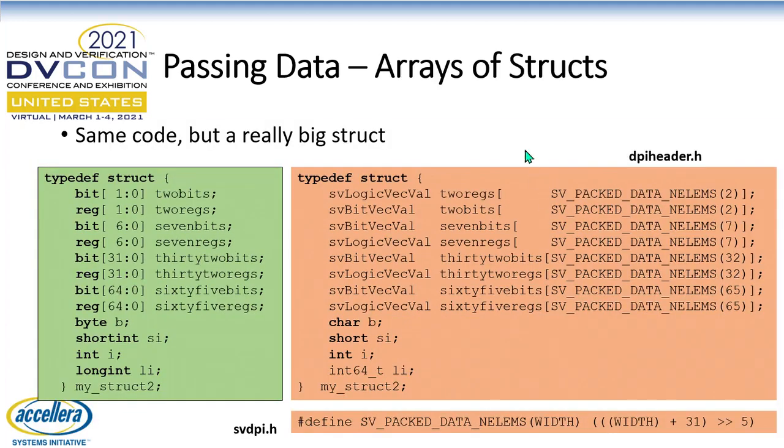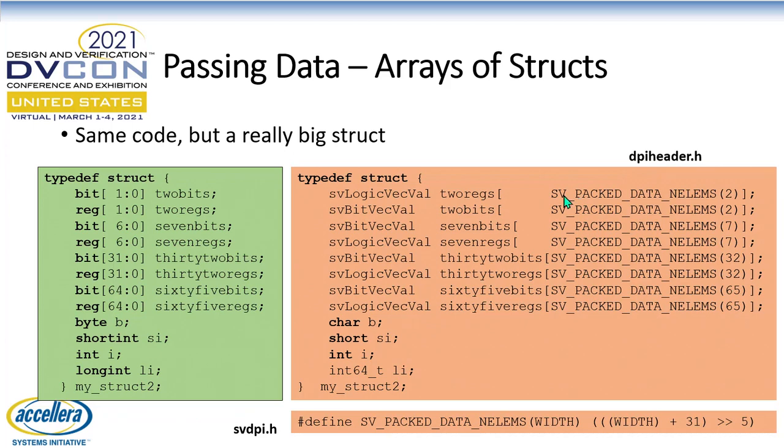What if we had arrays of structs? Well, really, it's the same code, but it's a really big struct. So in this case, on SystemVerilog, we wrote this really big struct with a bunch of different kinds of types. So here's bits and regs, a byte, short int, long int. And this is what you get in your DPI header.